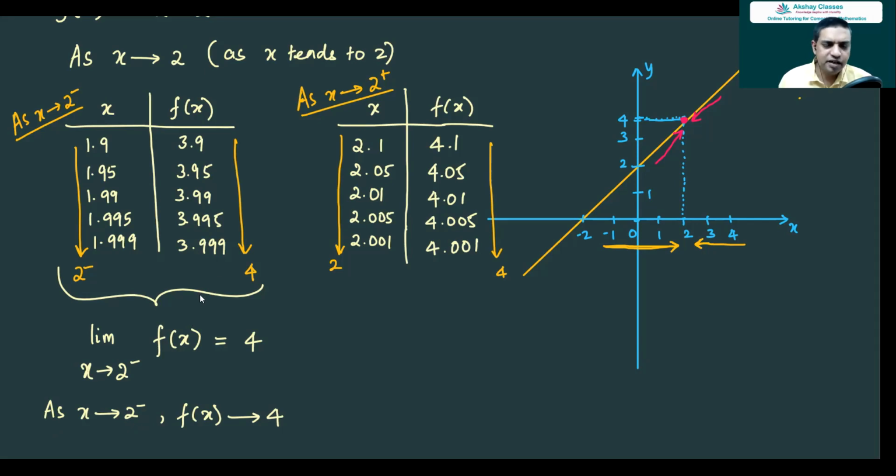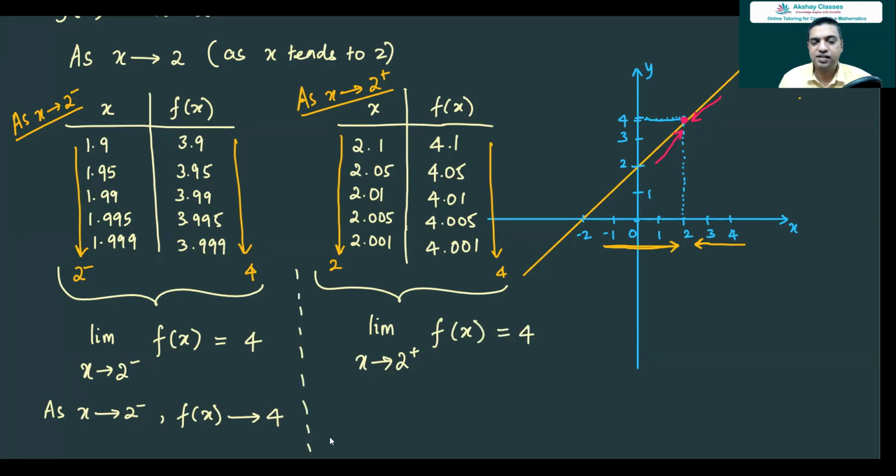So limiting value means that it is not equal to, it is approaching a particular value. Now similarly, for this portion, we denote this as limit x tends to 2 plus of f of x is equal to 4. And what it means is as x tends to 2 plus, f of x tends to 4.